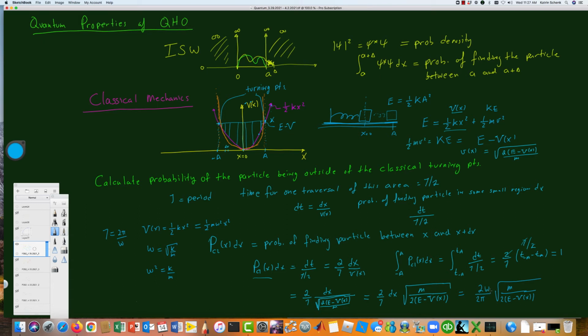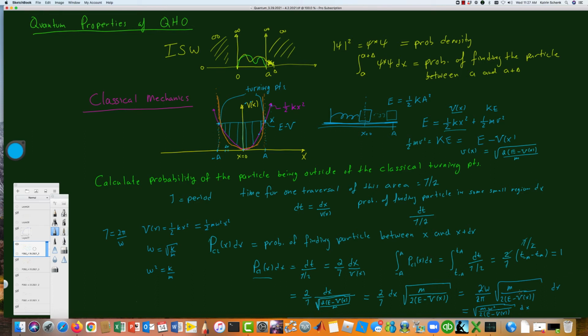The 2's are going to cancel, and we end up with our final expression. I'm going to bring the omega in, so I have the square root of m omega squared over 2e minus the potential energy function, and I forgot my dx over here. Okay, so that is the expression that we have.